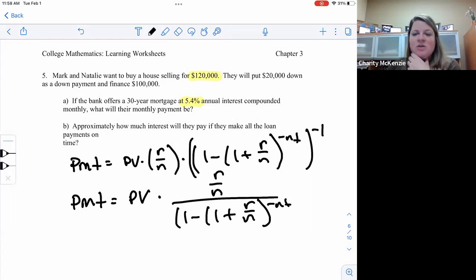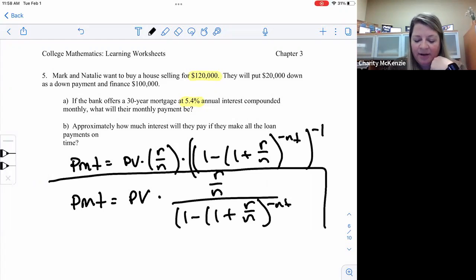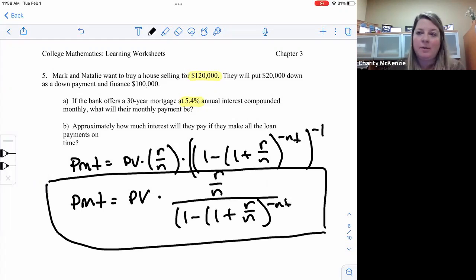A negative exponent means move it downstairs. So to me, the second one is easier to follow. Take a second, write it down, pause my video if you want. I kind of like this version better because I don't like that you have to have this extra parenthesis to the negative one.